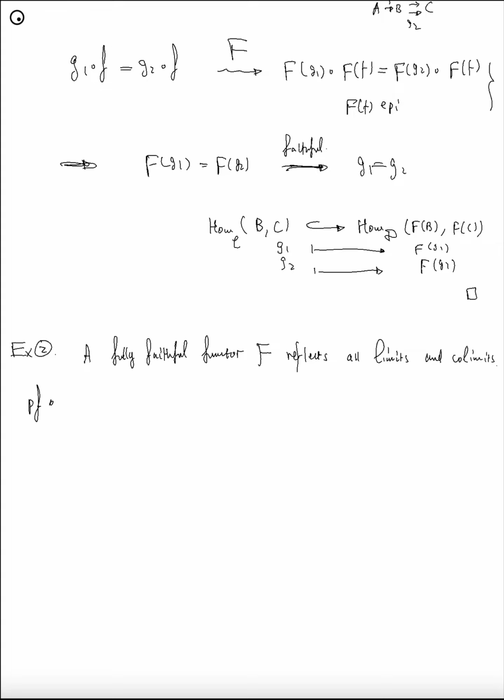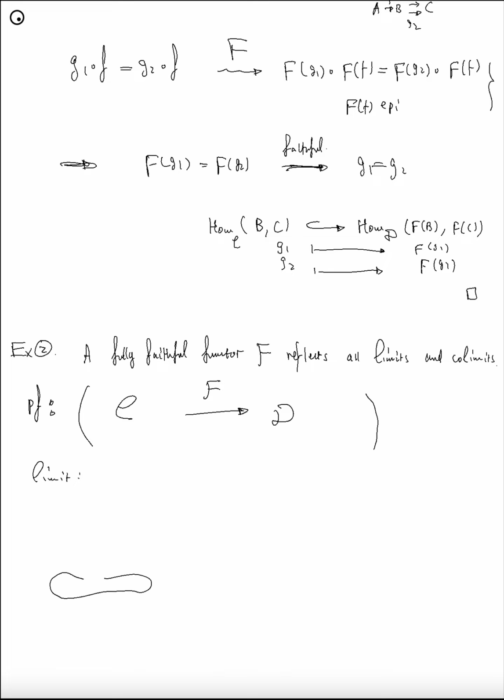Let's do the proof. So still under the picture, f is from C to D, and fully faithful. And let's say if you have a limit, so what I really want to say, I'm using a very intuitive way. So look at the case of limit.